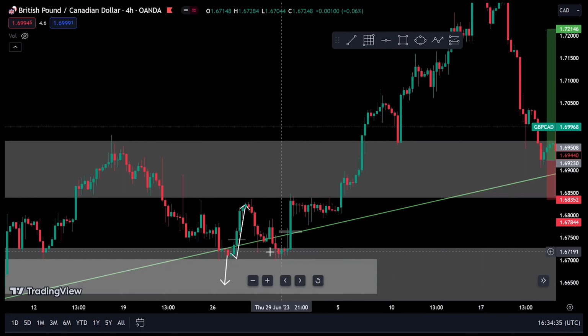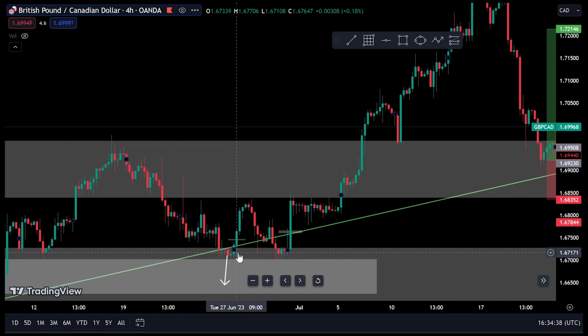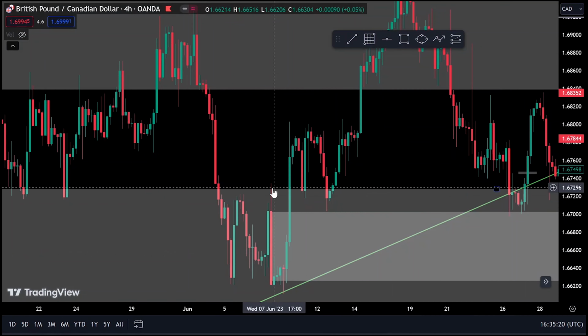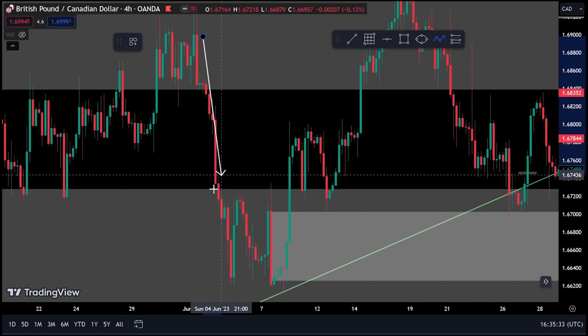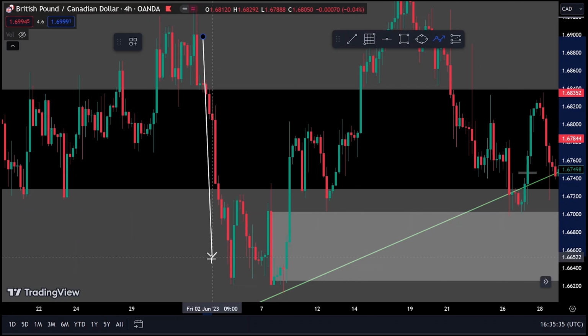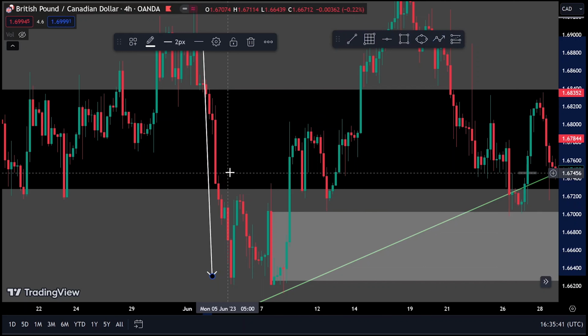a sample of liquidity void. So same on this chart, we can clearly see the bears are really in control here, and we have this strong bearish movement to the downside with all red candles signifying an imbalance.